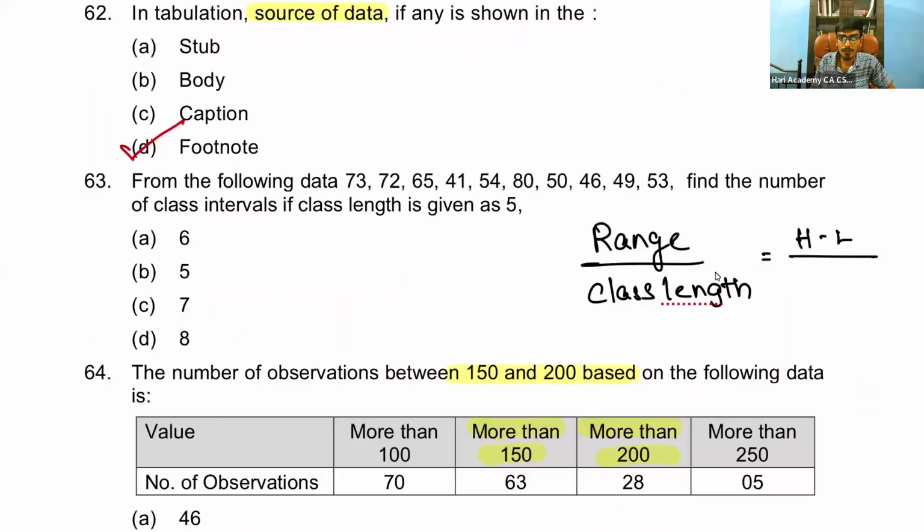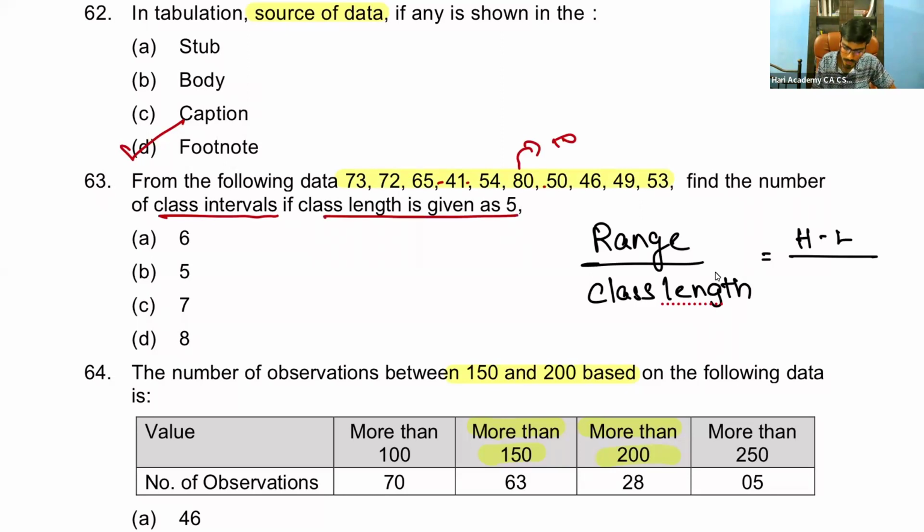Next, question number 53. Interesting one. Listen to this. From the following given data, some numbers are given, totally 10 numbers: 72, 1, 2, 3, 4, 5, 6, 7, 8. Find the class interval if the class length is given.